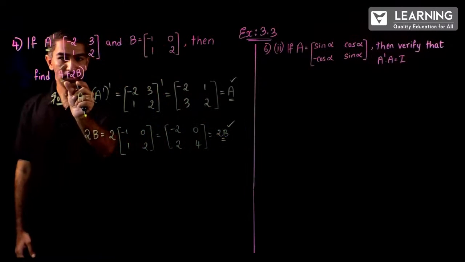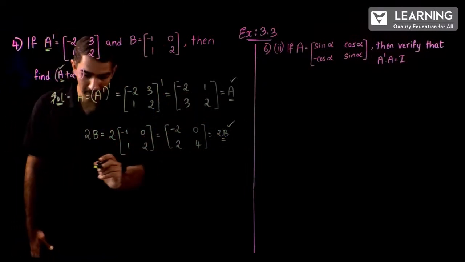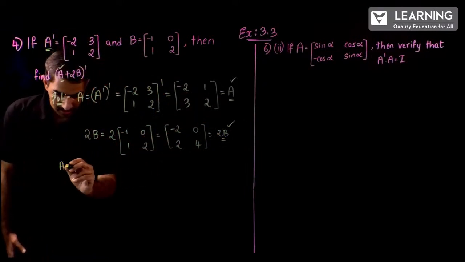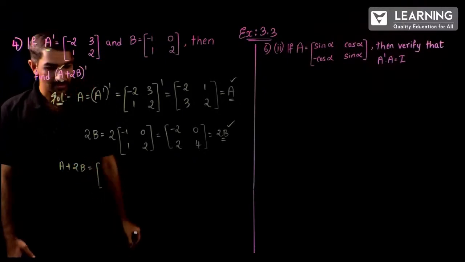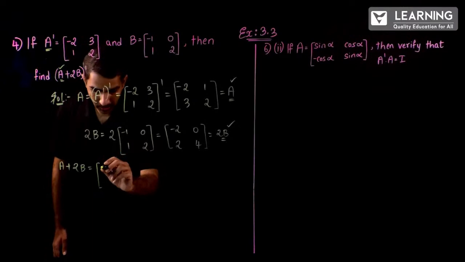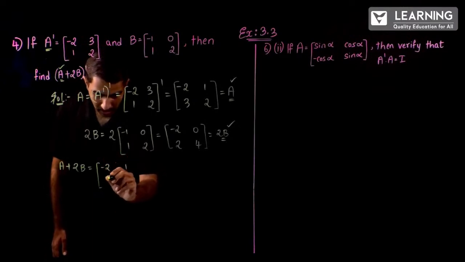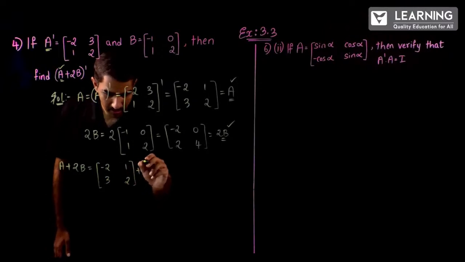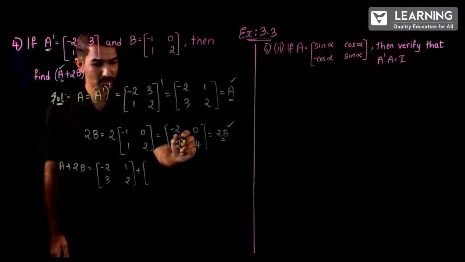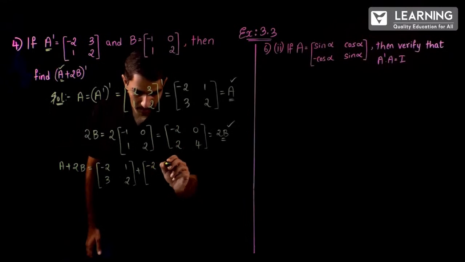Now we have to add them both and take the transpose. So A + 2B we can write like this: A + 2B is equal to, what is A? [[-2, 1], [3, 2]], plus what is 2B? 2B is written like this: [[-2, 0], [2, 4]].